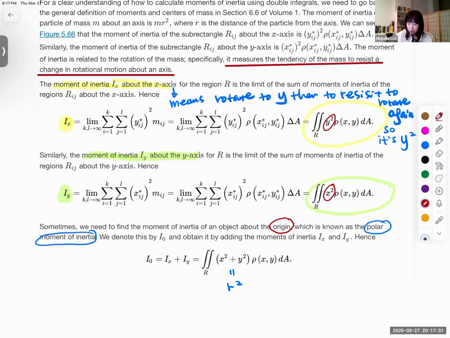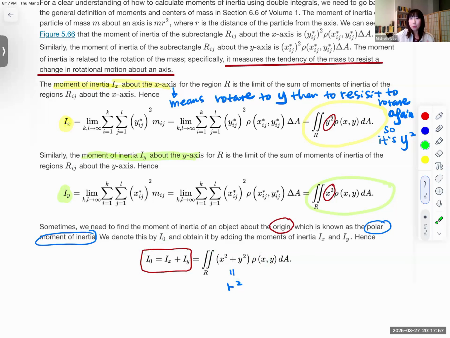So we can simply use this one, or we have a double integration of x squared plus y squared, which is r squared, right? That's why it's polar. And then we have a density function. So I'm going to show you how to use this one together.